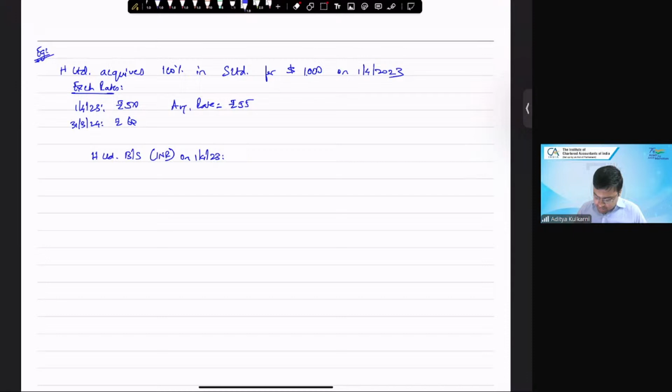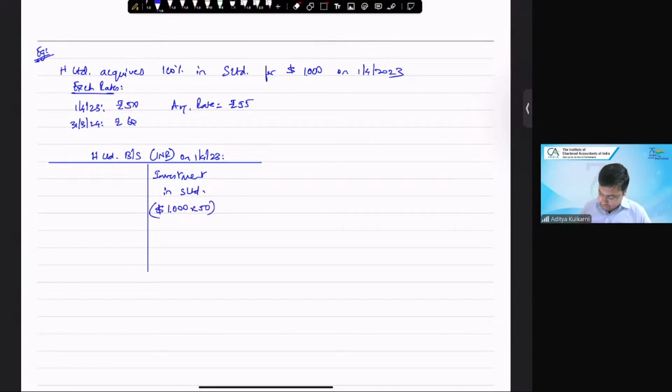It will have many assets and liabilities, but most important is it will be having investment in S Limited, $1,000 into 50.